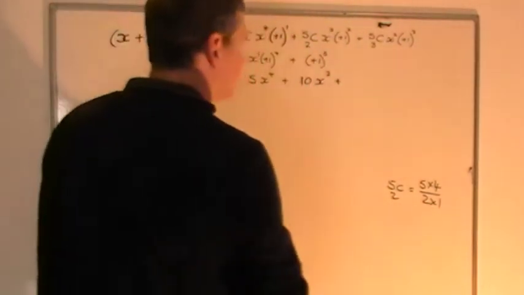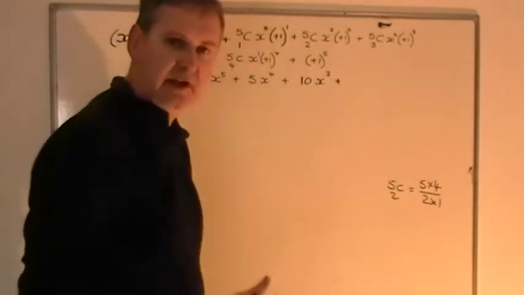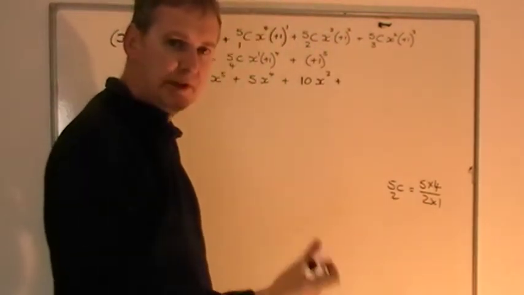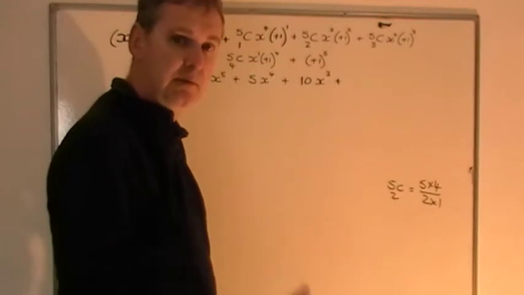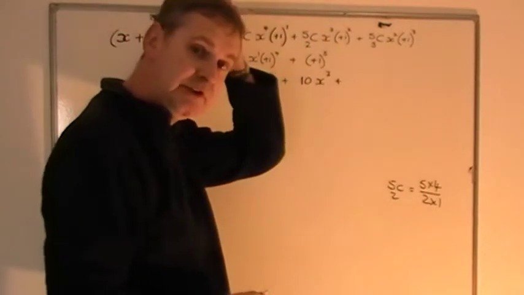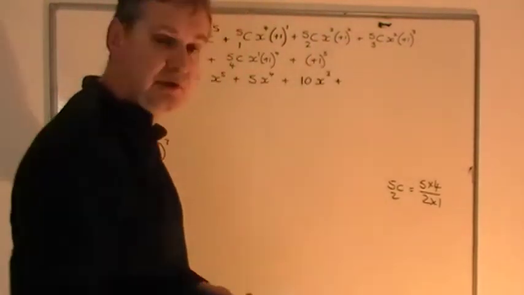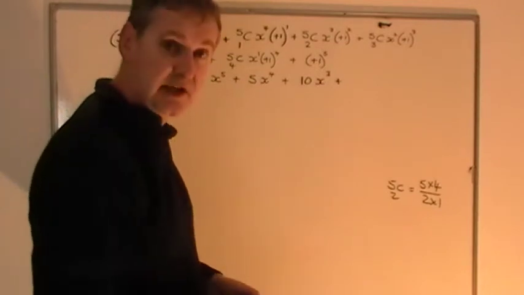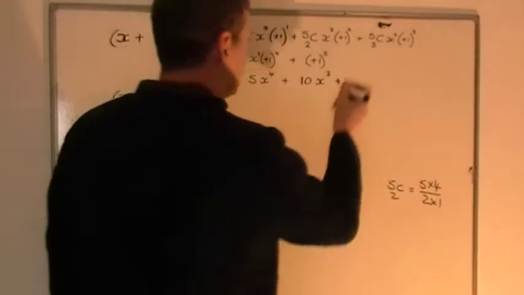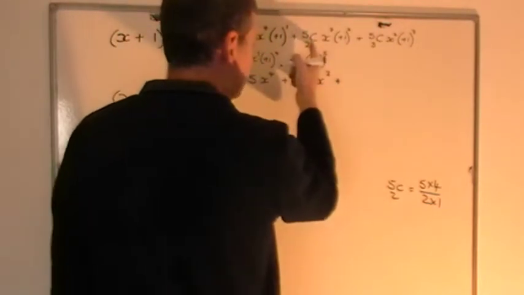Plus, then 5 choose 3. I could work out 5 choose 3 by saying 5 by 4 by 3 over 3 by 2 by 1. But if you remember, we have a symmetry of coefficients with the binomial choose values, and 5 choose 3 from symmetry is exactly the same as 5 choose 2. So that can be replaced with exactly the same thing as we had for that.